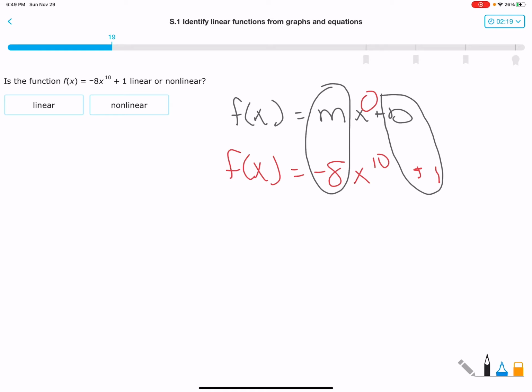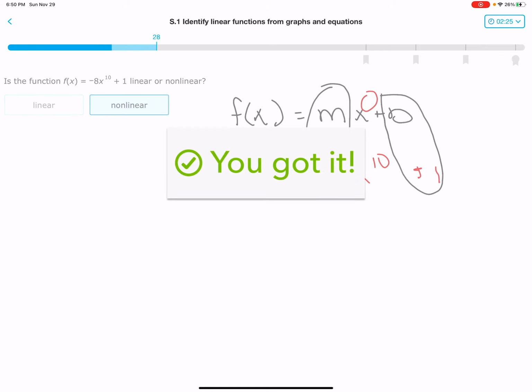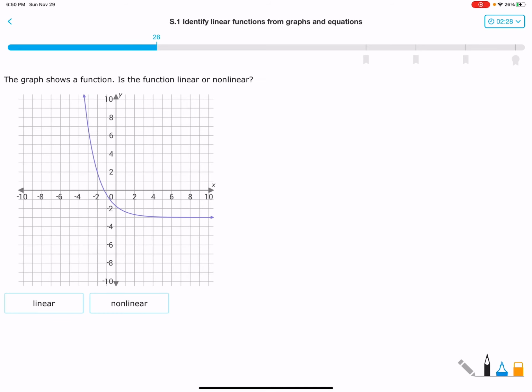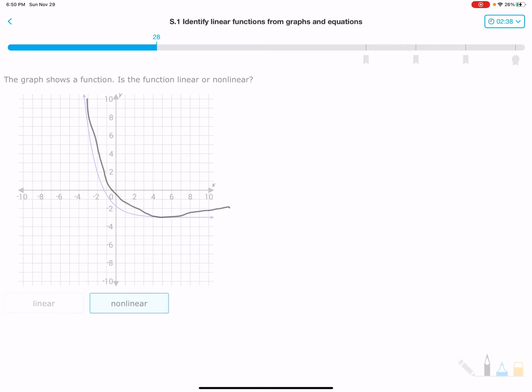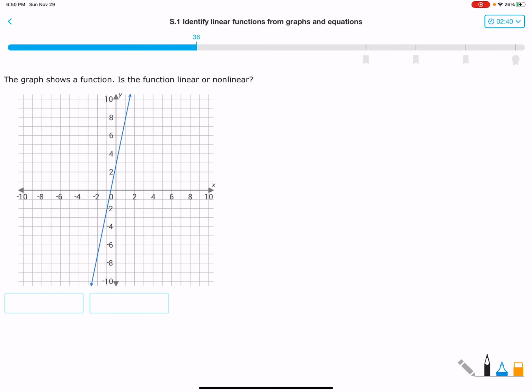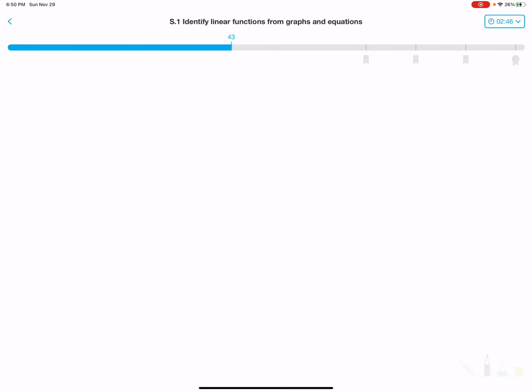And we can see right here that x is to the 10th power, therefore making it non-linear. This graph is not a line, it's a curve. Therefore, it doesn't have a constant rate, and it is non-linear. This one is a line, therefore, it is linear.